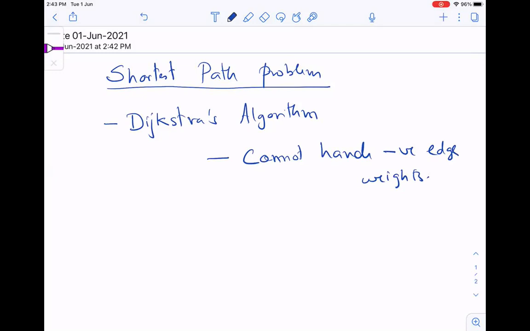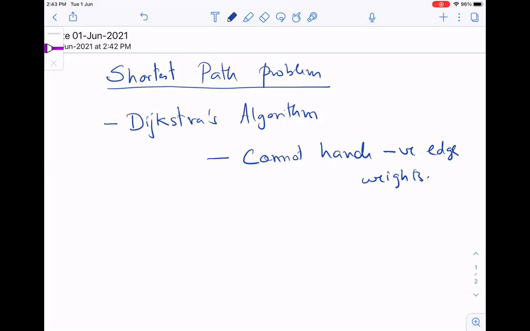Now, we have already discussed earlier that if a graph has a negative cycle, a cycle whose weight is negative, then shortest path possibly doesn't make much sense. But there are graphs where there are negative edge weights but no negative cycles.